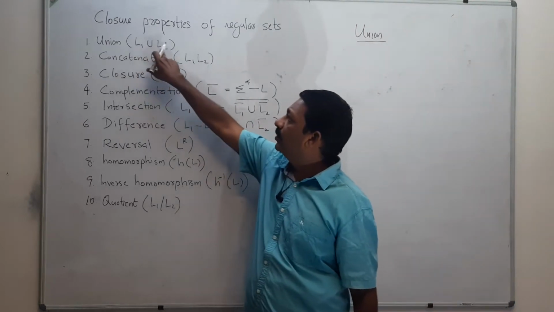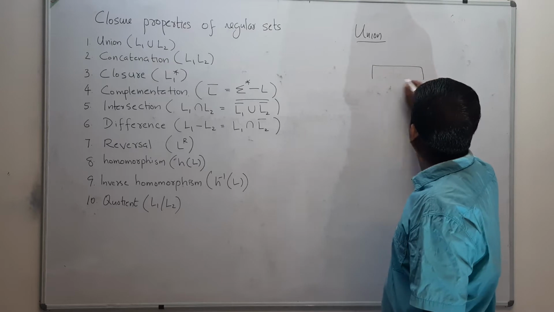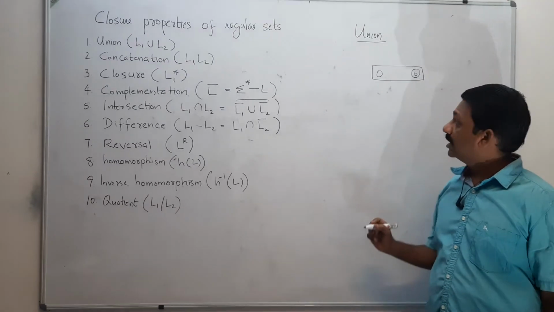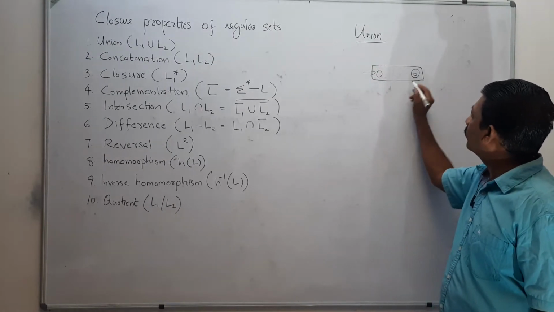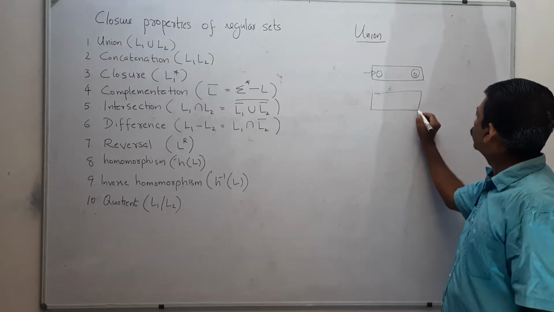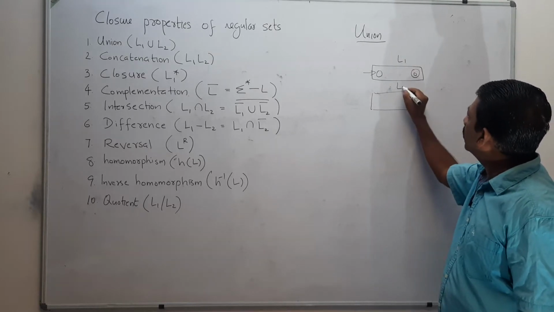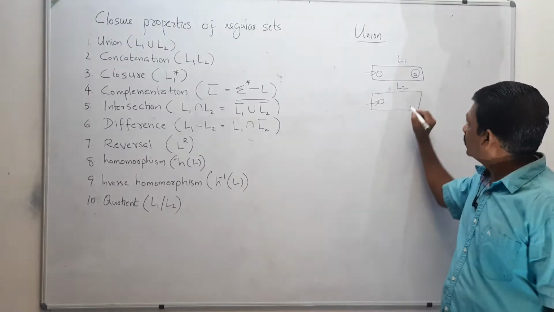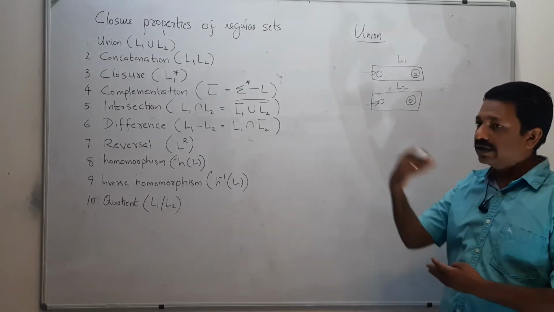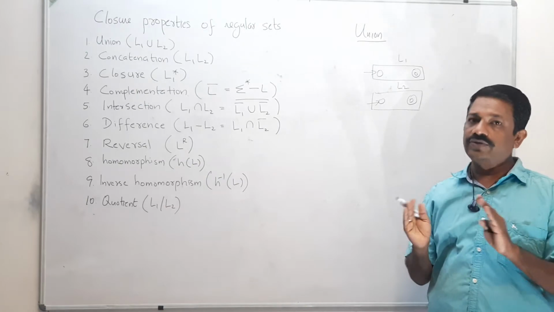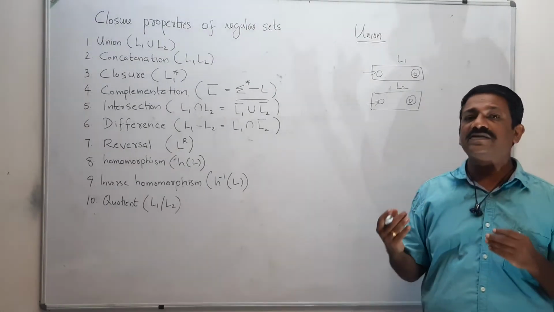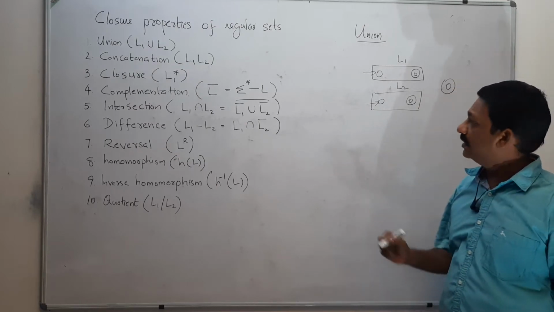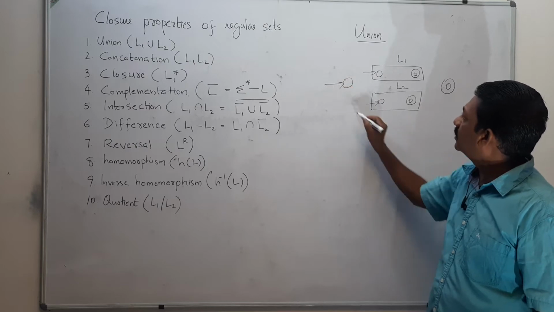L1 is represented by a finite automaton, and here you have a start state and a final state. This is L2, and this is accepting L1. For L2 also there is a start state and a final state. If you take L1 union L2, that means L1 or L2, or you can write it as L1 plus L2. Here you are going to have another final state and a new start state.